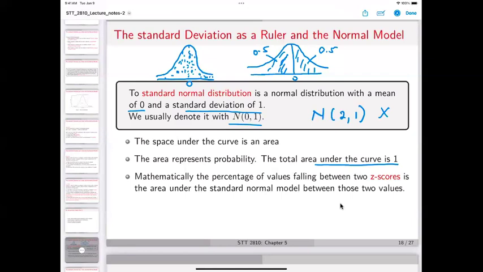So if we have a standard normal, and then we have this place, and this is an area, this area is between these z values. Is that okay? This area here is the probability between these two values. So let's look at a more concrete example.